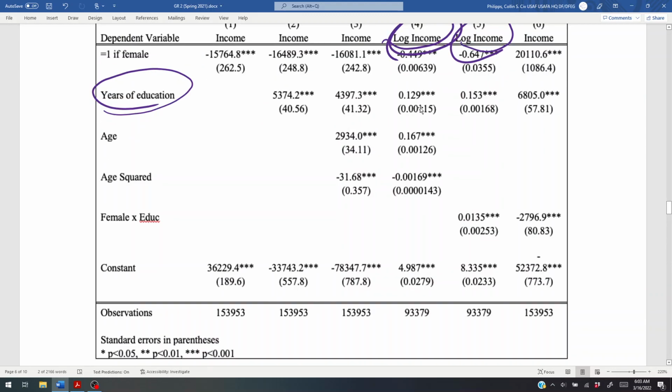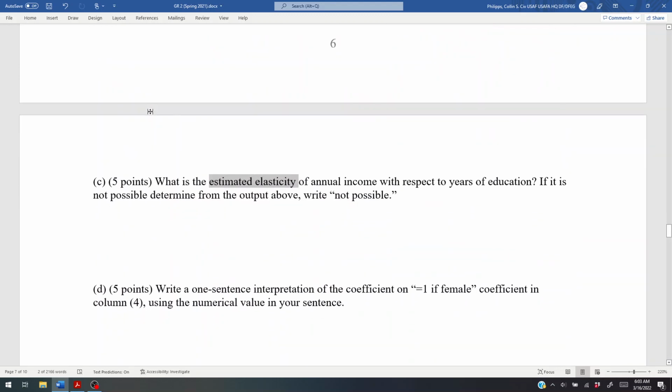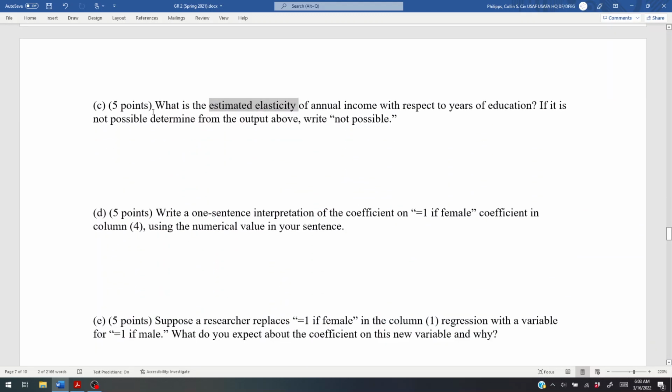This number is not an elasticity. This number is not elasticity. So even though I could try to calculate it if you gave me a value for years of education, it didn't come out of the model. So estimated elasticity from the model, no, not possible.